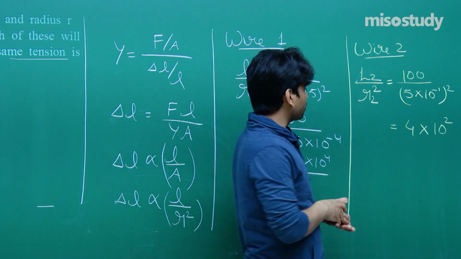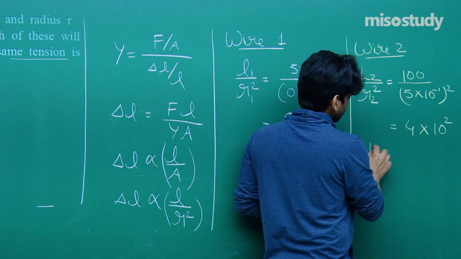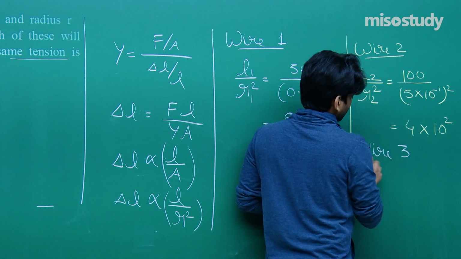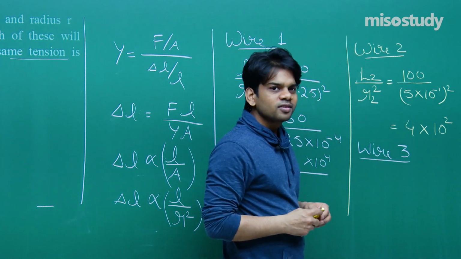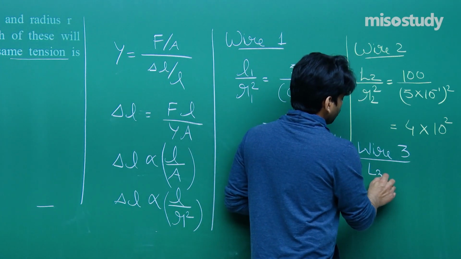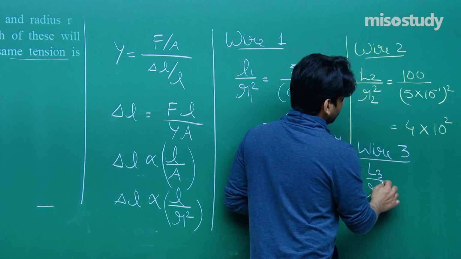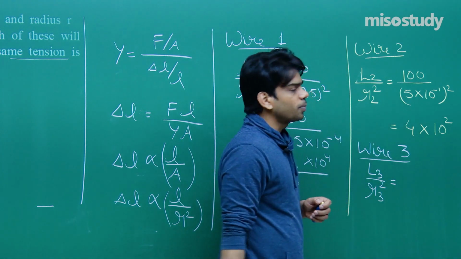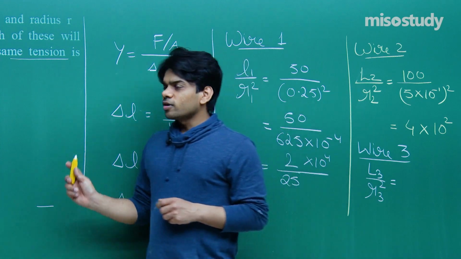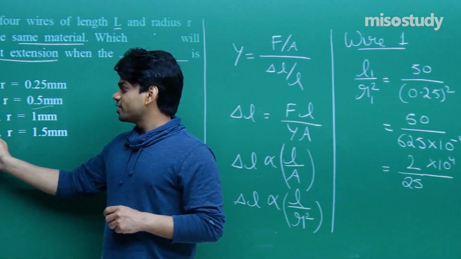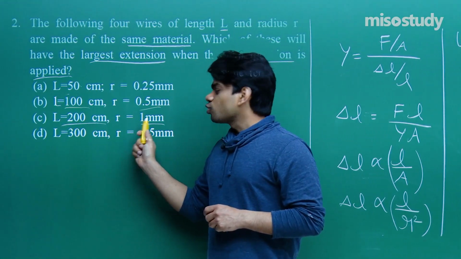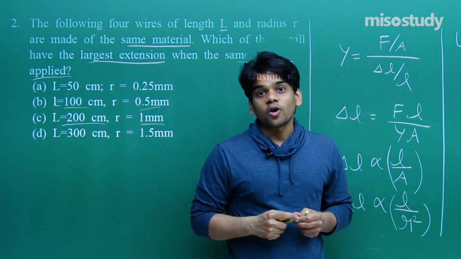Now for the third wire, wire 3. Let's try to estimate the ratio L3 by R3 whole square. L for the third wire is given as 200 centimeter and radius is given as 1 mm. Let's try to solve it.